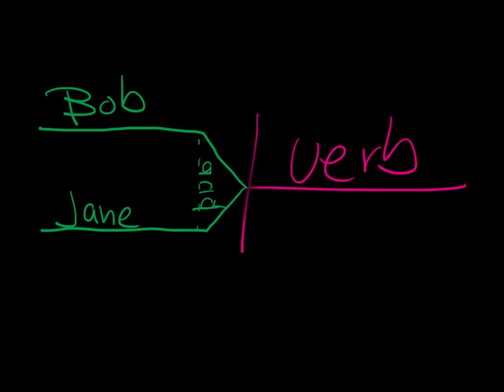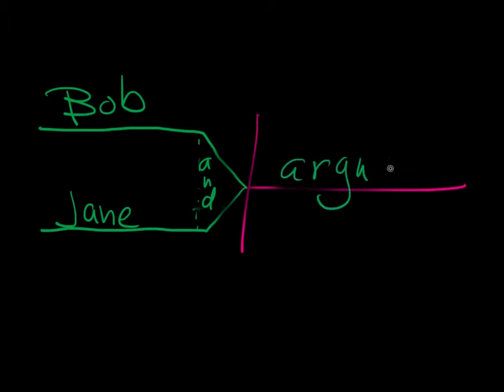Let's just assume that I just wrote and. You know what, actually, just for cheating's sake, we're going to write it up and down so it's easier to read. Technically, you should just turn your diagram to the side so you can write it along the line, but that's fine. So, Bob and Jane, and then who cares about them swimming anymore? Bob and Jane argue. They're not doing so well. She wants to go swimming, and he doesn't. So Bob and Jane argue.